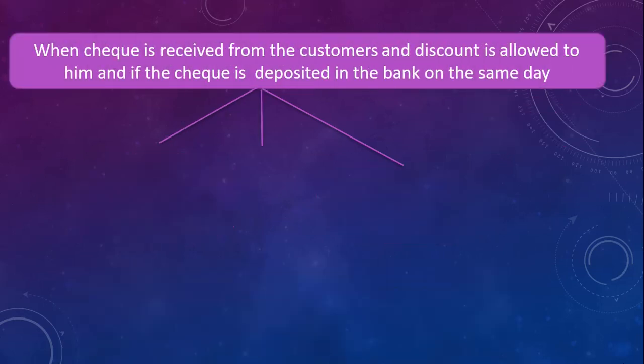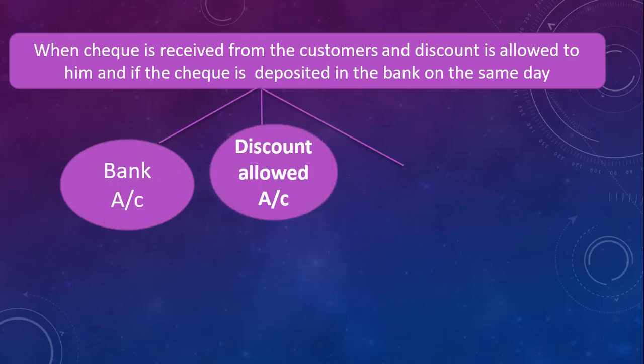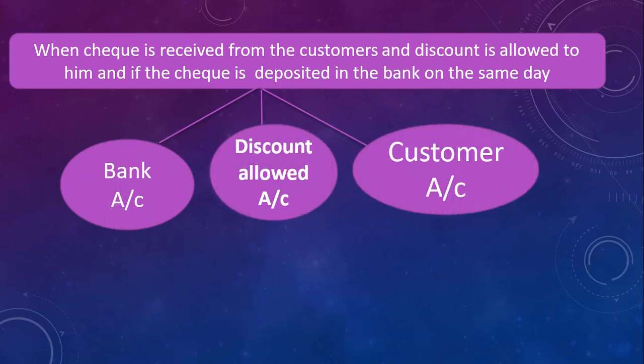Next, when check is received from the customers and discount is allowed to him, and if the check is deposited in the bank on the same day. Here three accounts are affected: bank account, discount allowed account, and customer account.